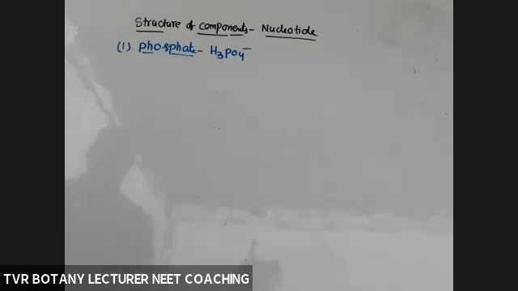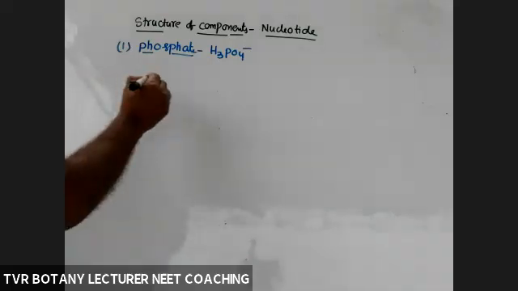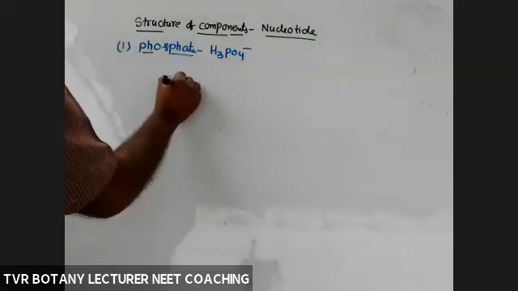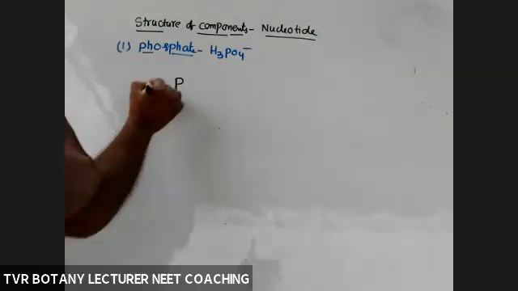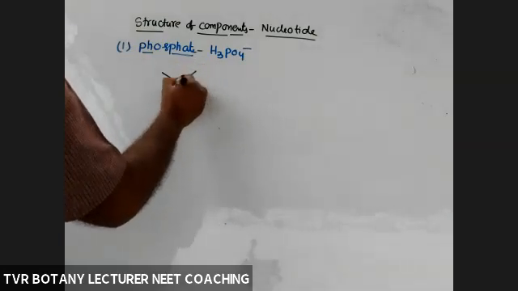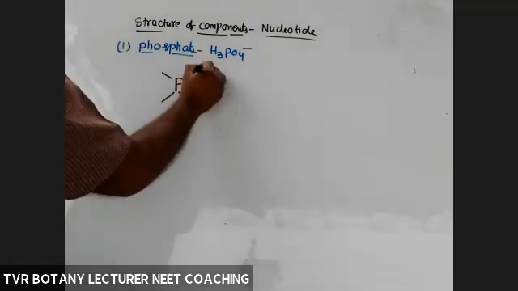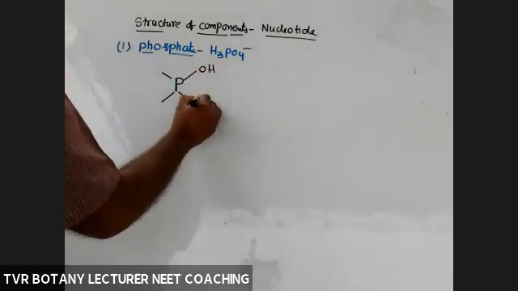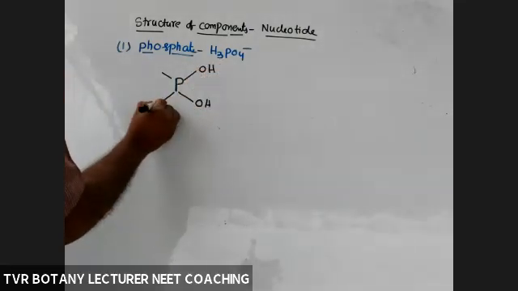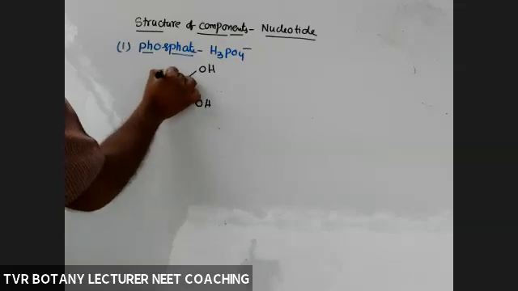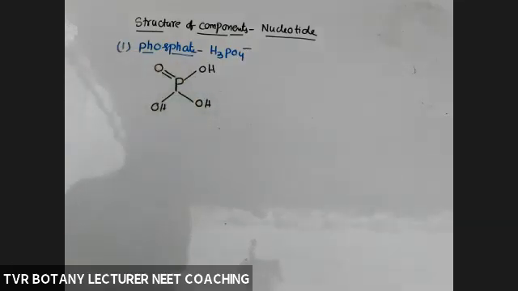So what about the structure of phosphate? Okay, so OH, OH, OH, double bond O. Okay, that is a structure of phosphate. H3PO4 minus. Okay, right?